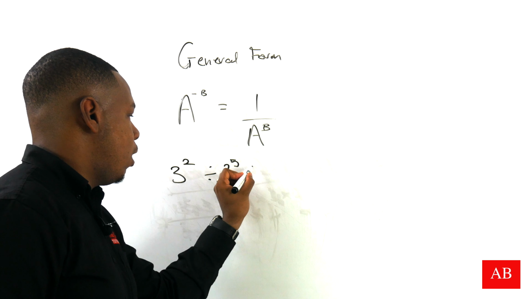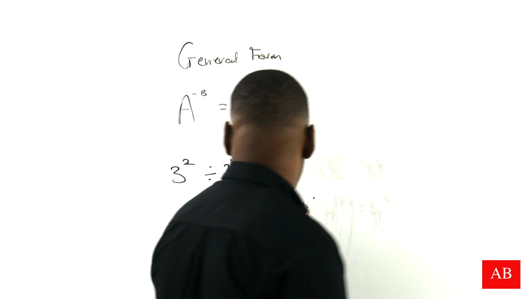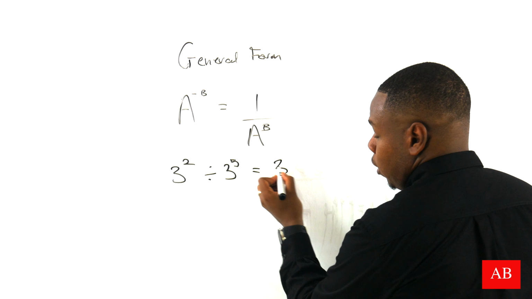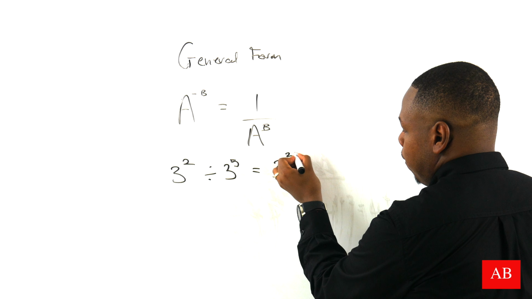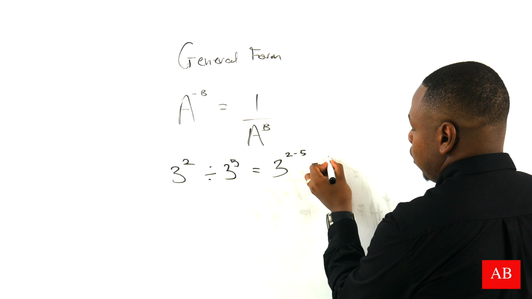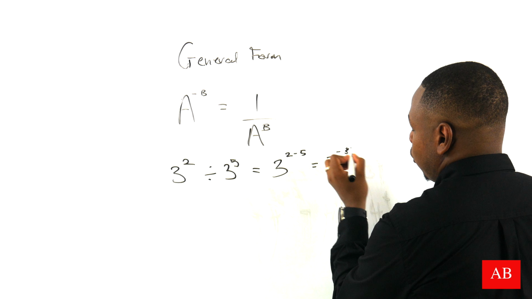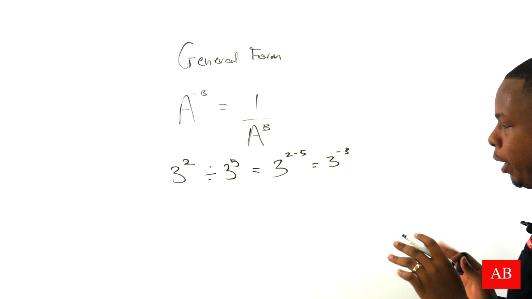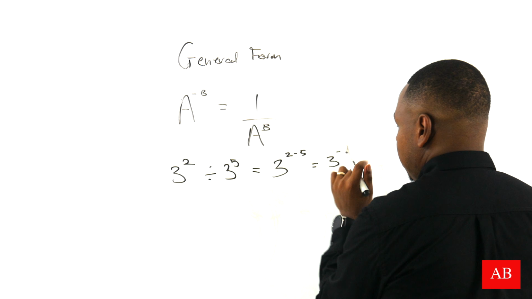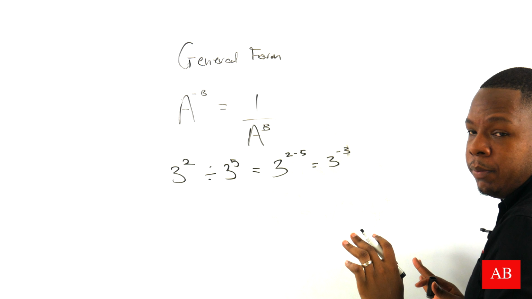So this is equal to, law 2 again, 3 to the 2 minus 5, which is equal to 3 to the minus 3. Okay, good. We're in agreement so far.